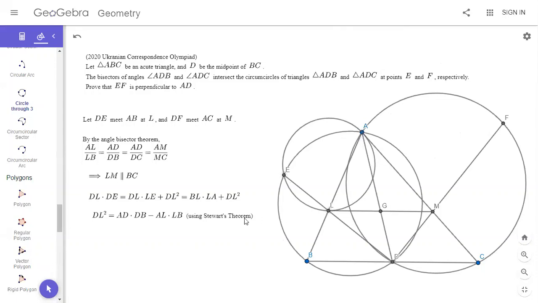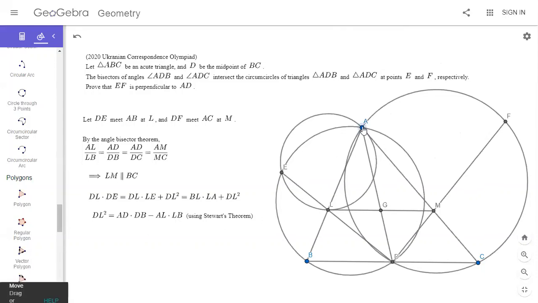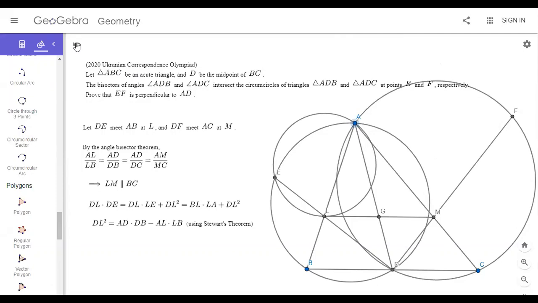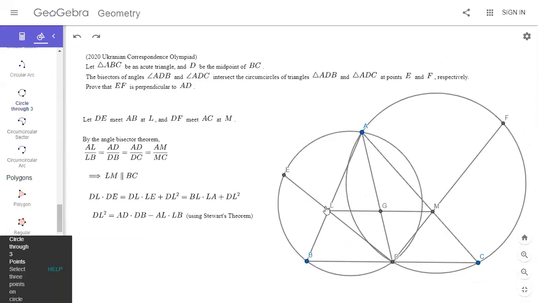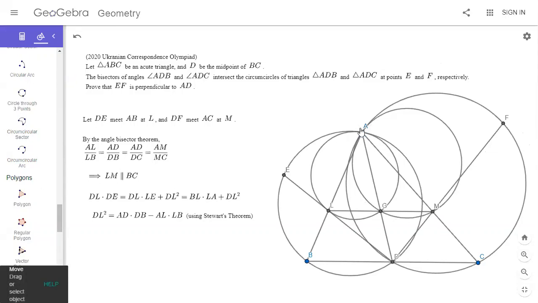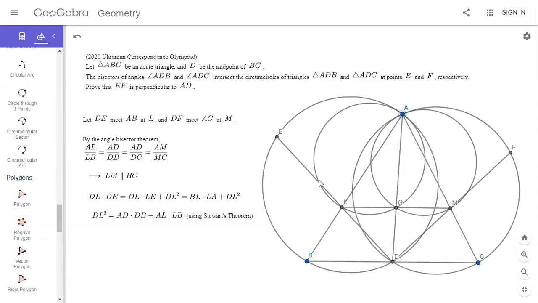Is the circle of ELA tangent to...? No, it's not. The circumcircle of GLA would be tangent to LD. If we draw this circle, it's tangent. Are you sure it's tangent? Let's see. No, it intersects it.